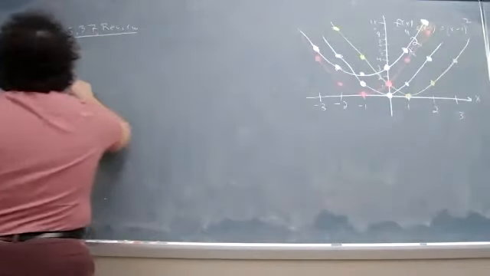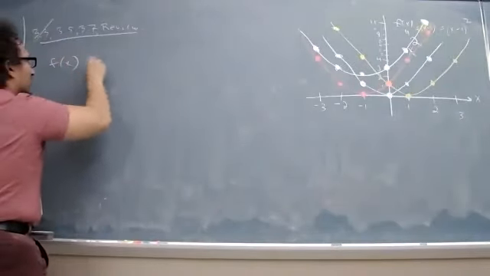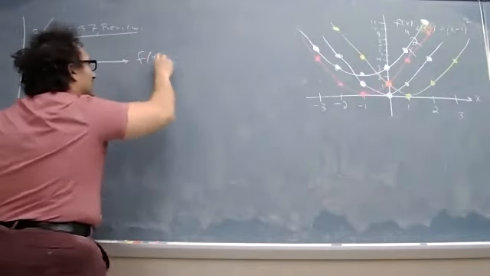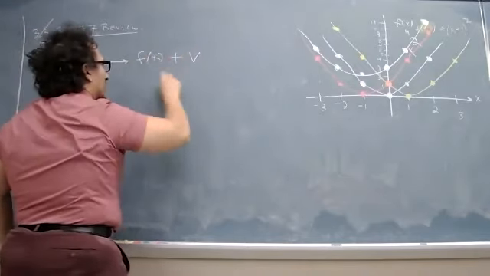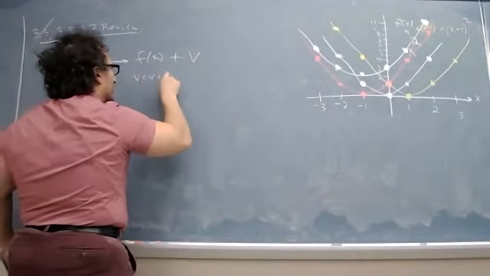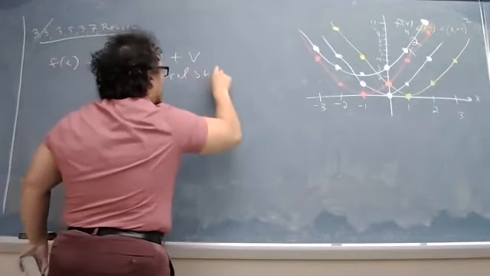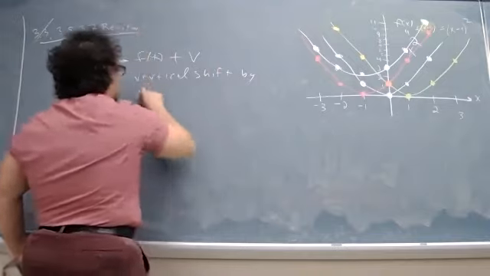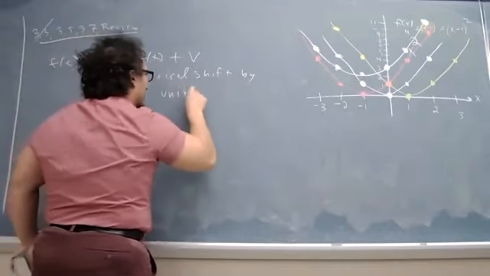So we've discovered that given a function f of x, transforming it to f of x plus v causes a vertical shift by v units up.